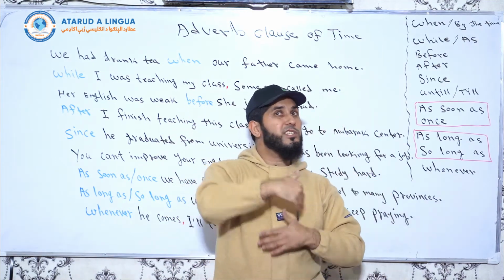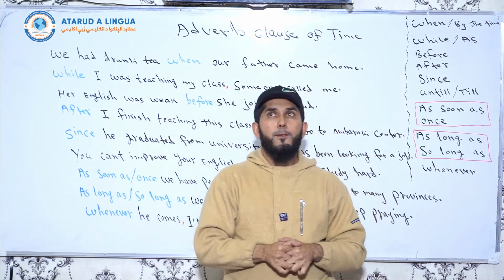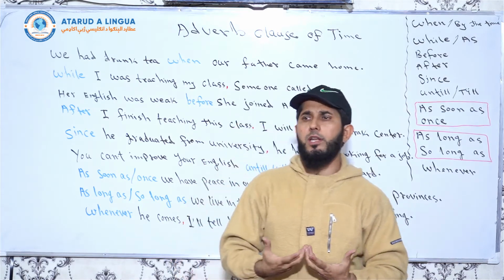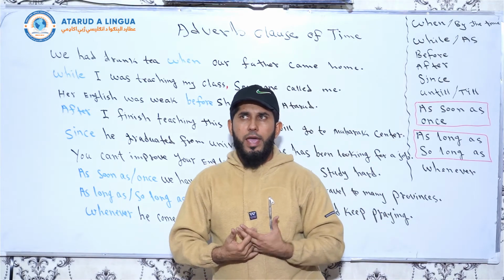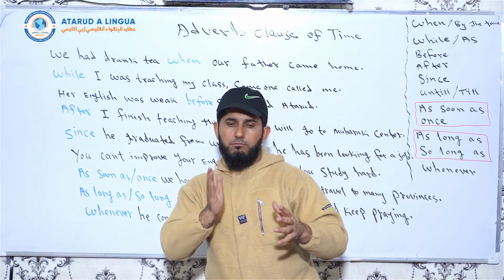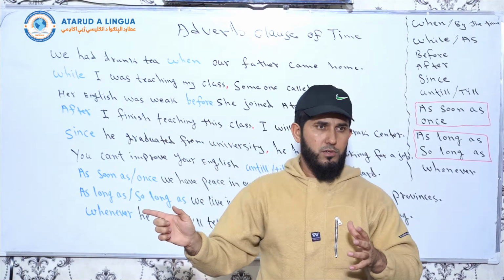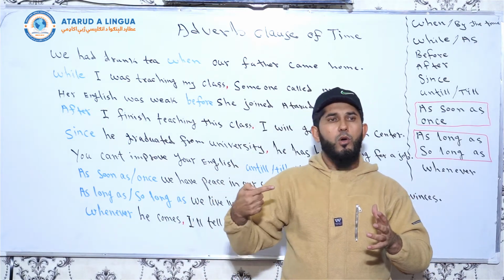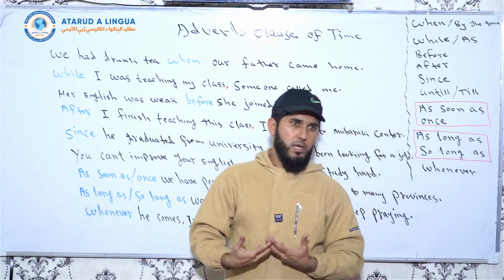But when it is used as a conjunction, for example, you will not improve your English until you study hard, okay? So the action in the adverb clause must take place. Otherwise, the result in its main clause or independent clause will not exist, okay?